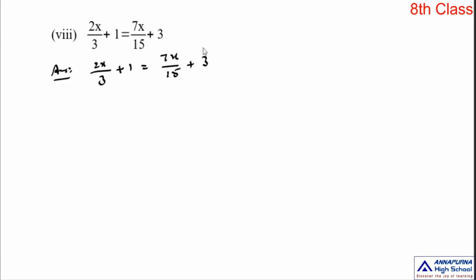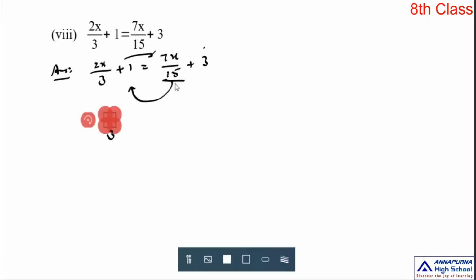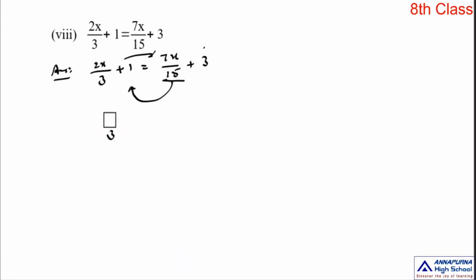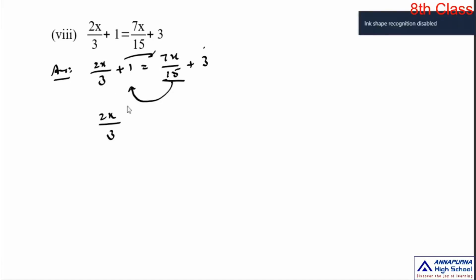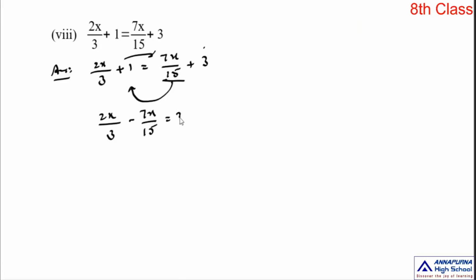So transpose the variable terms to the left side and constant terms to the right side. So 7x by 15 transposes to the left side and plus 1 transposes to the right side. Then 2x by 3, 7x by 15 transposed to the left side changes to minus 7x by 15. It is equal to 3 minus 1. Plus 1 transposed to the right side changes to minus 1.